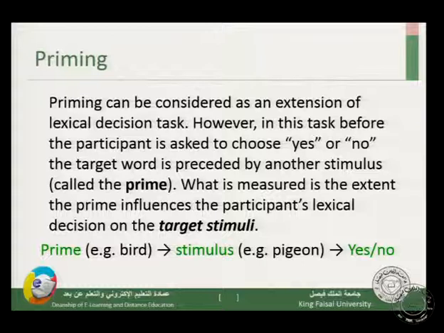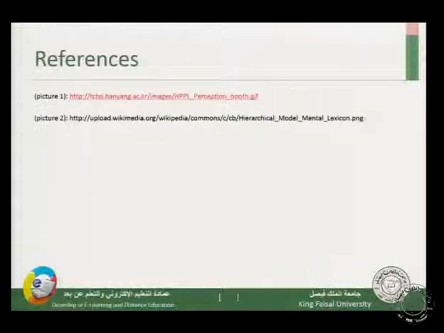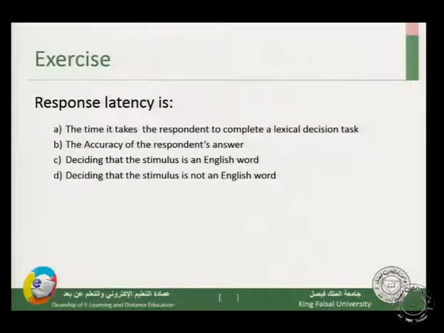Okay, so let's have the exercise for today's lecture, which is going to sum up lecture number 4. Here we have a question or an item which we need to decide on. Response latency, what does it mean?